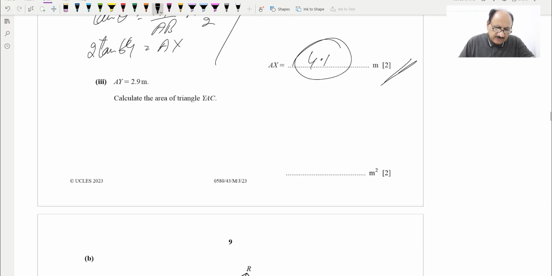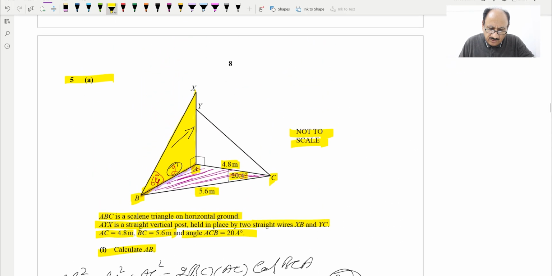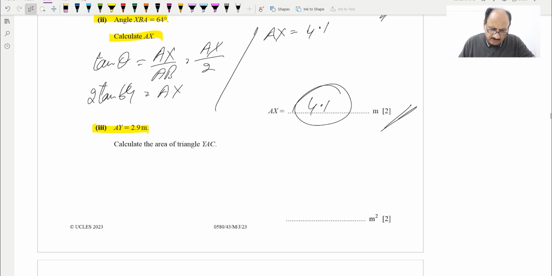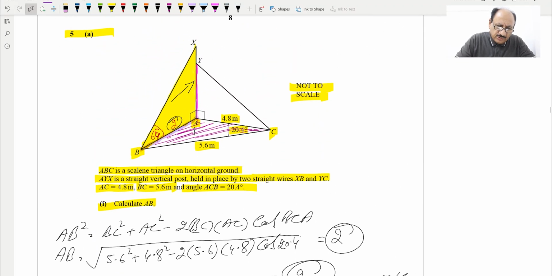Hopefully you understand this. Now they are saying AY is given as 2.9. Where is AY? From A to Y is this much. The A to Y measurement is given as 2.9 meters.